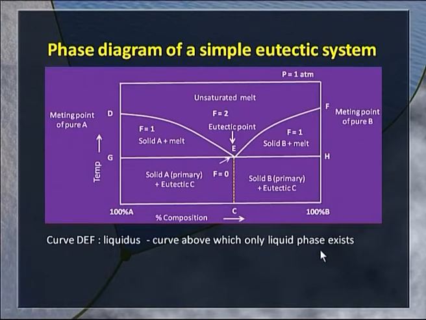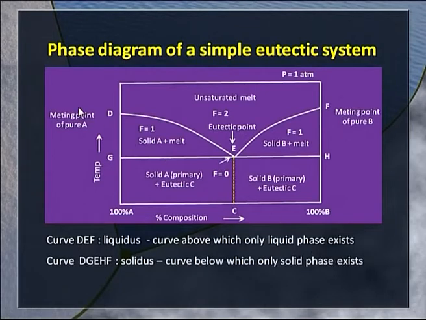If there is a liquidus, there has to be a solidus also. Below D, A is in the solid form, and along the line D, G, E, H, F, we have only solid phases. Therefore, this is called the solidus.